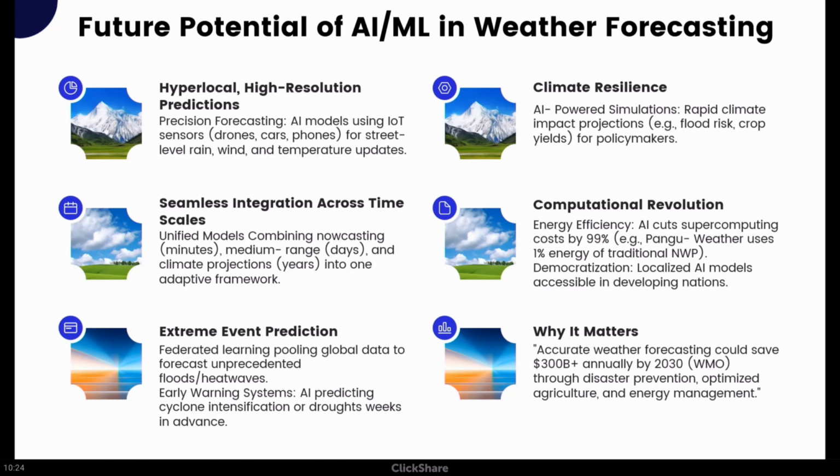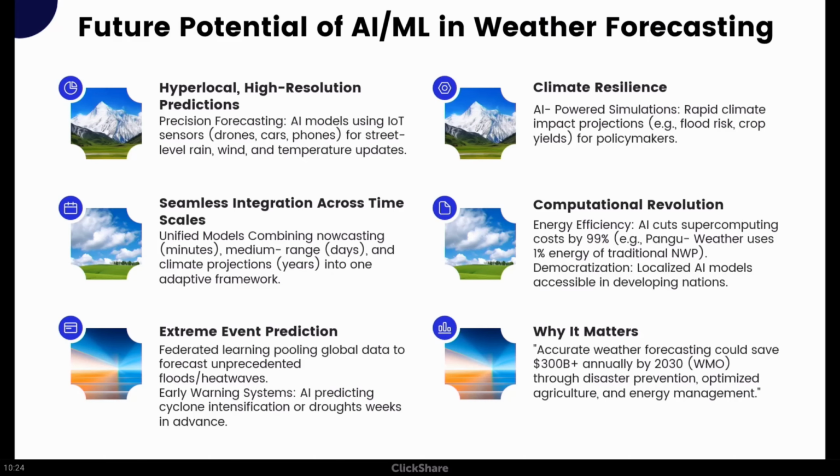But using AI/ML, you can go even deeper. AI models can be used with IoT sensors to help us predict street level rain, wind, or temperature. That's how high resolution you can go.